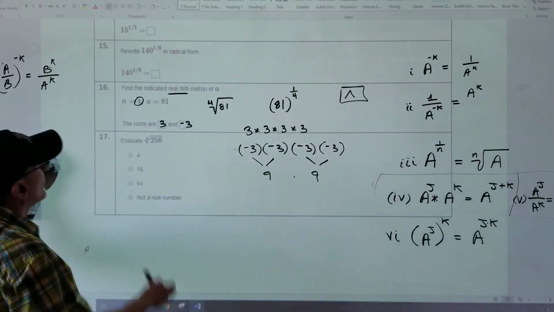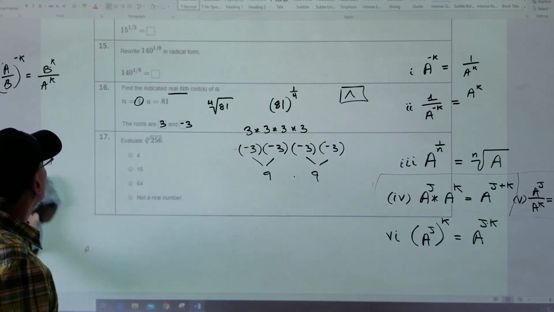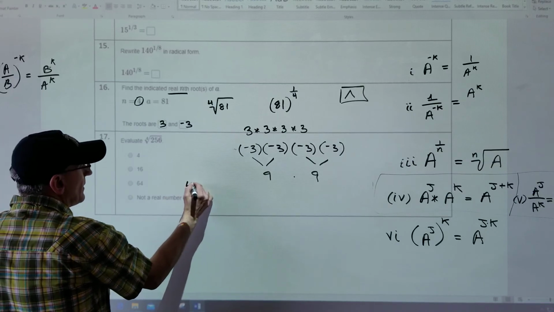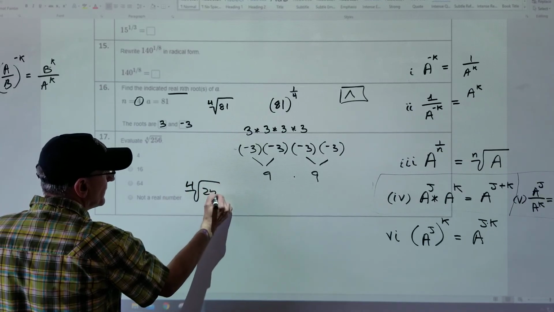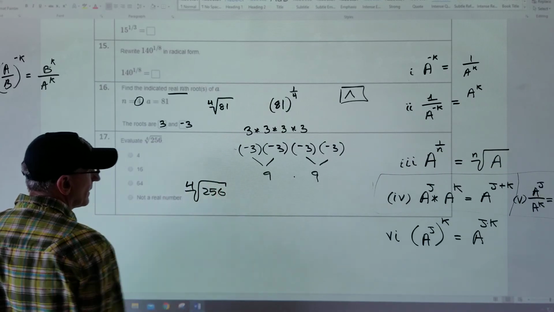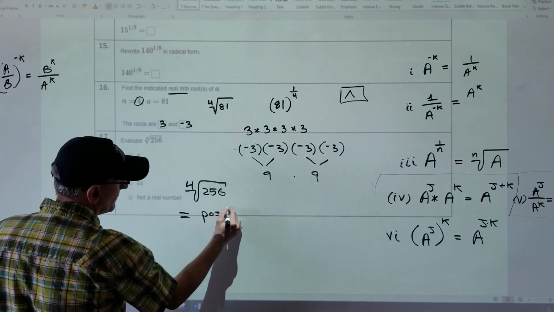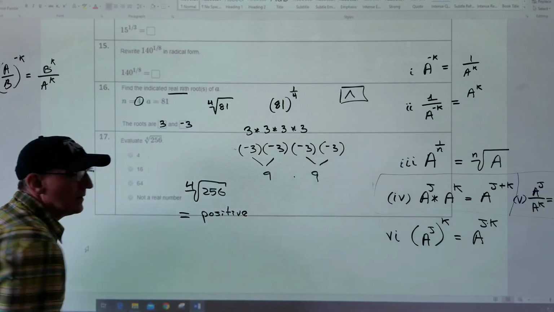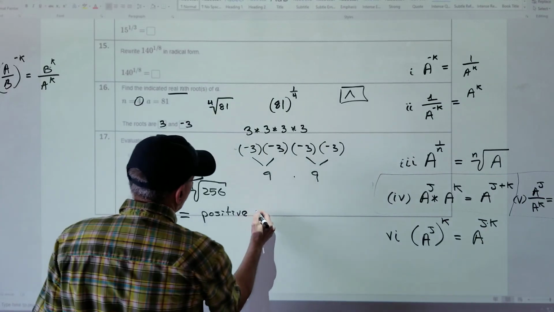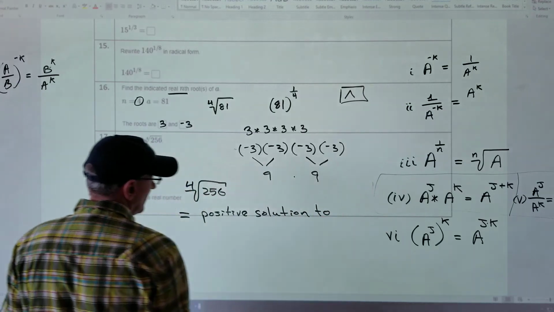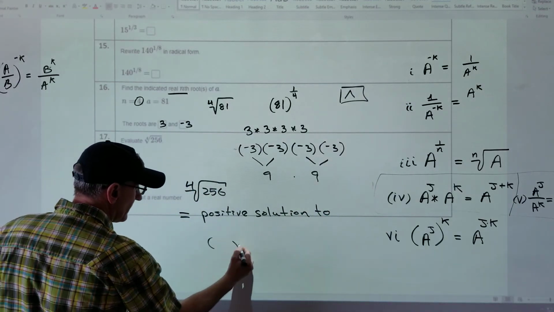Okay, now they want the fourth root of 256, and it's a slightly different question. When I write fourth root of 256, okay, I'm looking for the positive only solution to, well, one way to write it is like this.